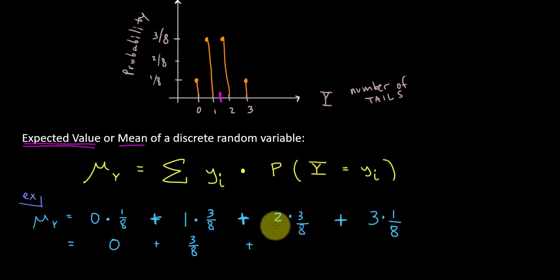Here, remember that this is like 2 over 1, numerator times numerator, denominator times denominator, 6/8, and another 3/8. So this gives us a total of how many eighths? Looks like 12 eighths.